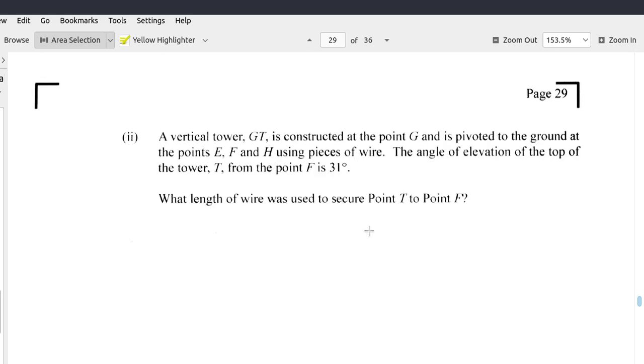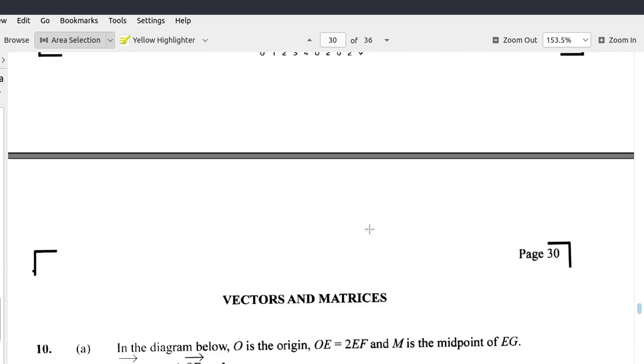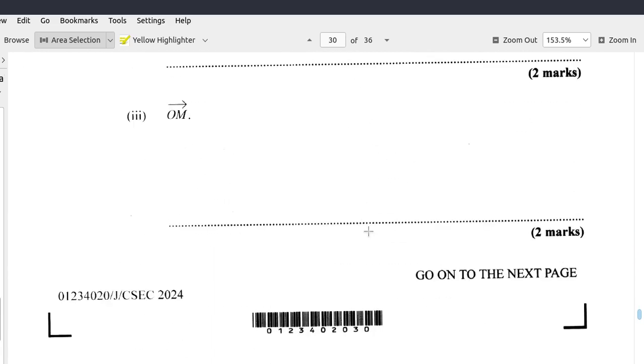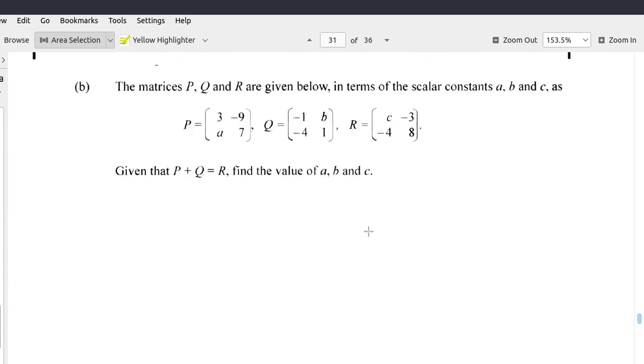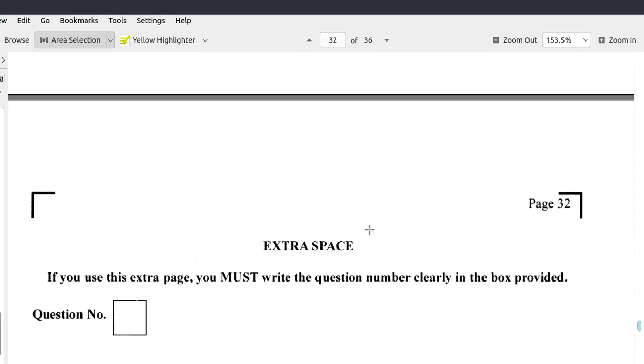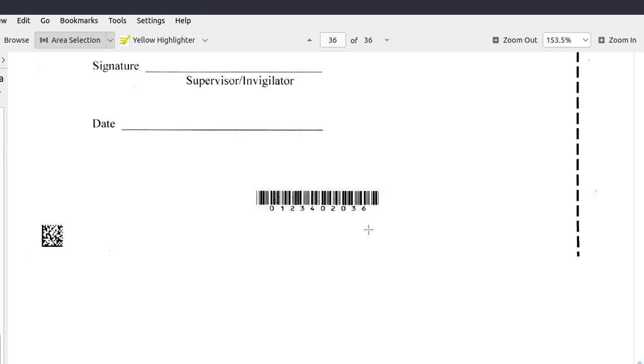Some trigonometric calculation here as well. Angle of elevation and bearings. Question 10, vectors. All right. And matrices. End of test. And then you have your extra papers that you can write on. So in the next video, we'll start out with the solutions to question 1.